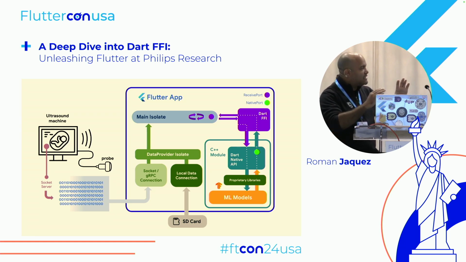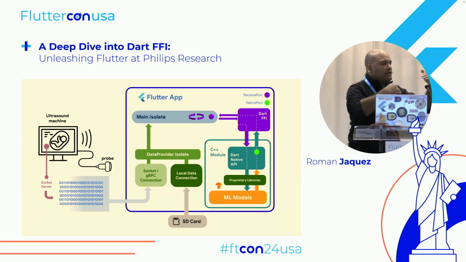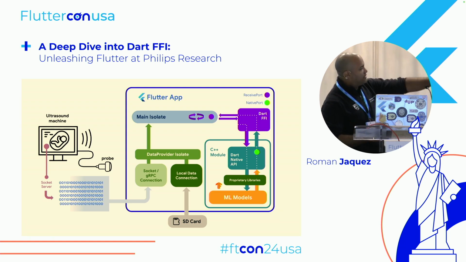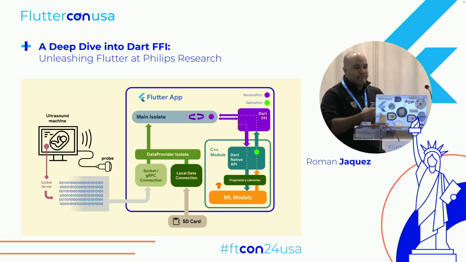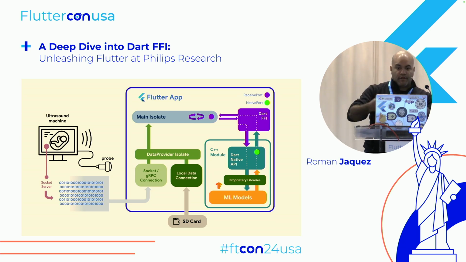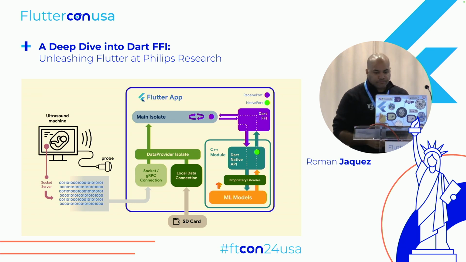In this case, we're trying to keep the UI thread pristine, no dropped frames, no UI jank or anything like that. All the heavy lifting happens either in the low-level aspects of the application, sometimes within an isolate, and then we just keep everything separate, and those heavy computations are deferred to other isolates as opposed to the UI thread.